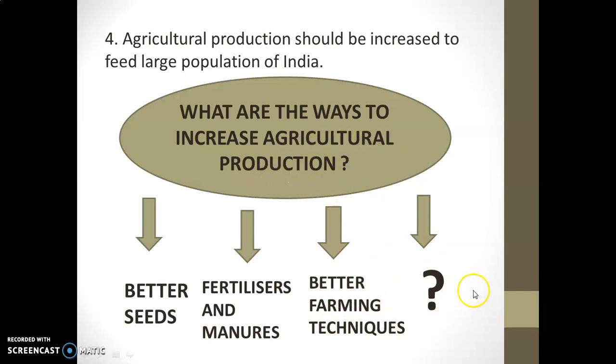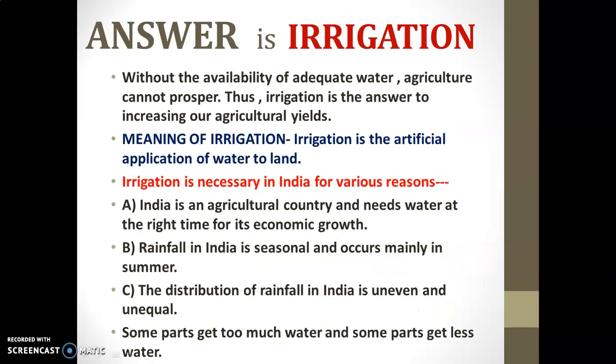And the next, guess all of you, what will be the last way we can adopt to increase agricultural production? Can you guess? Okay, so the answer is irrigation.